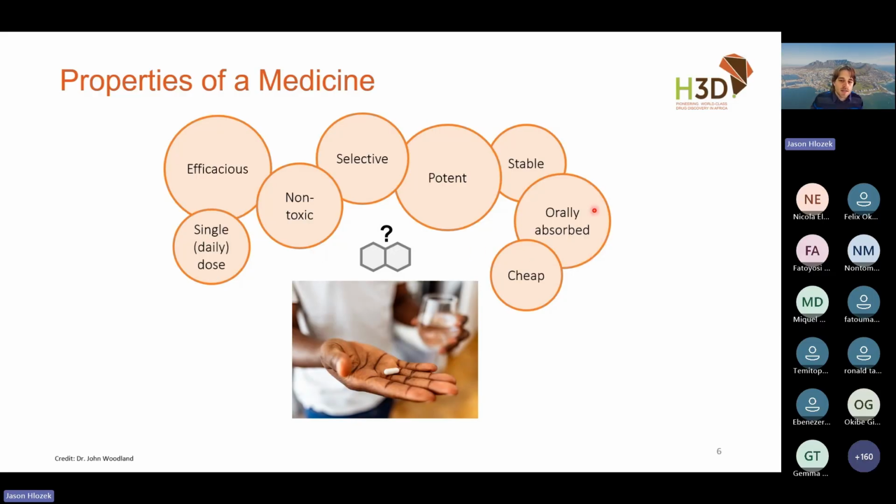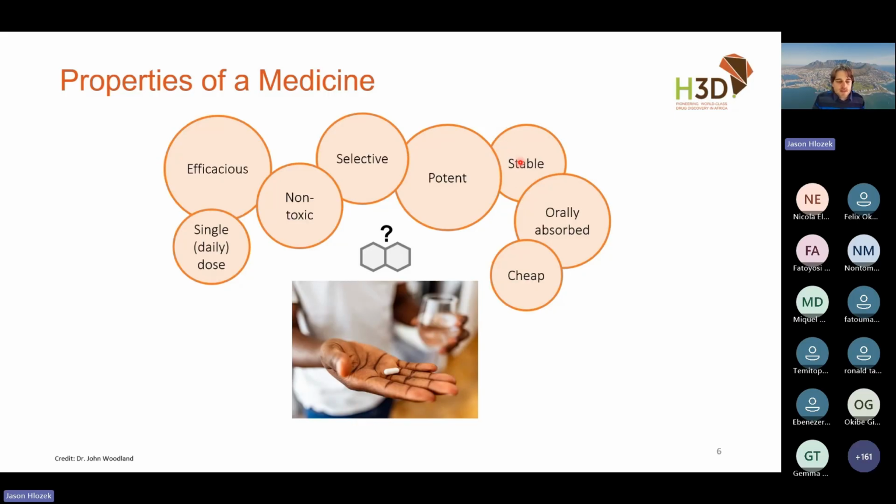Depending on the disease you're targeting, perhaps you want a particular route of administration, so orally through a tablet rather than an injection where maybe a hospital or a nurse is needed. Some medicines have a lot of stability issues, and perhaps we can't keep a cold chain in various communities. So ideally, you would like a medicine that is stable at a higher temperature and doesn't degrade.